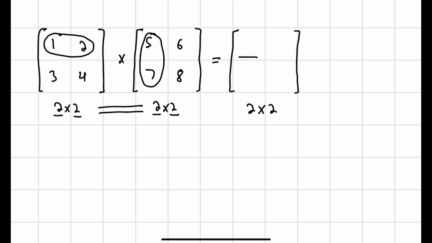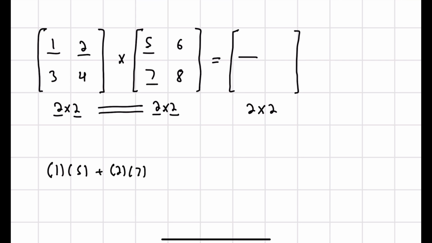So we have 1 times 5 plus 2 times 7. And this is equal to 19. So for the top left cell, we have 19.